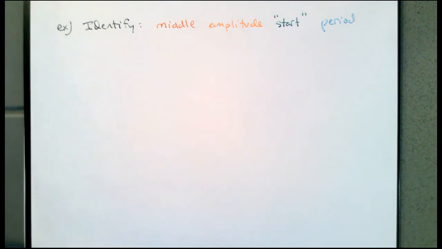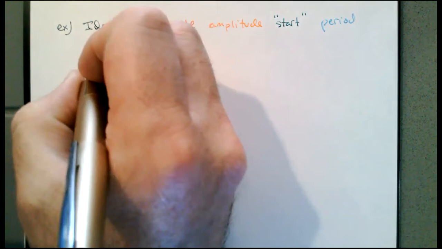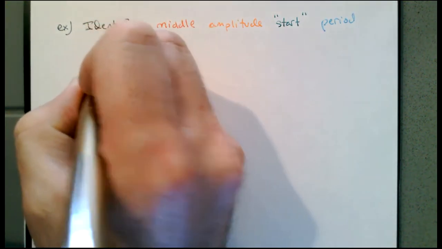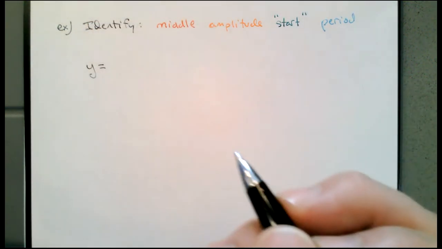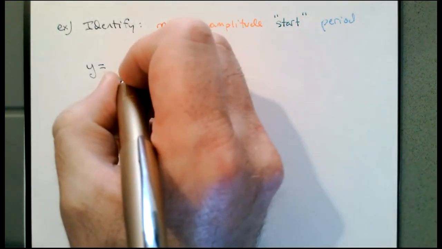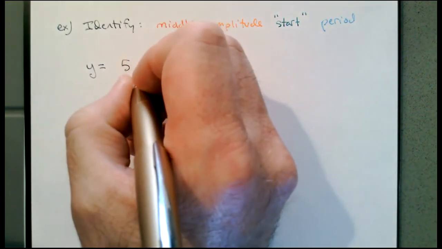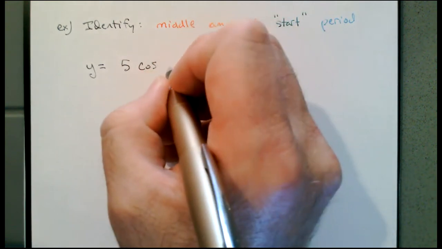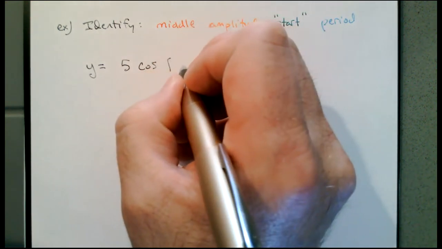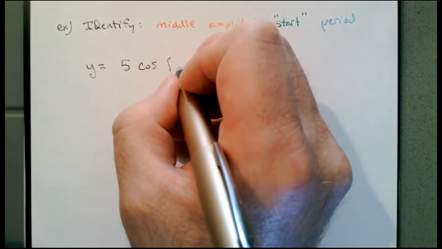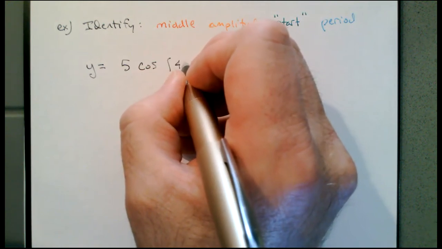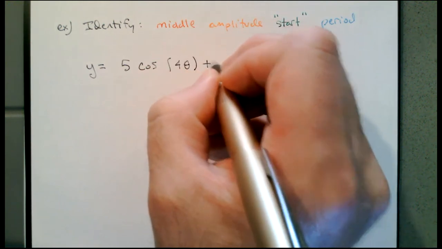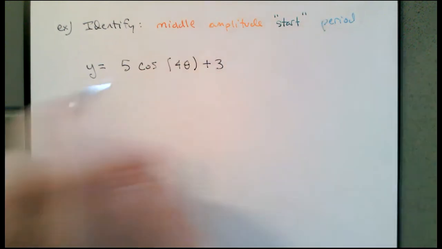Let's write down a function. Let's say y is equal to 5 times the cosine of 4 theta plus 3.